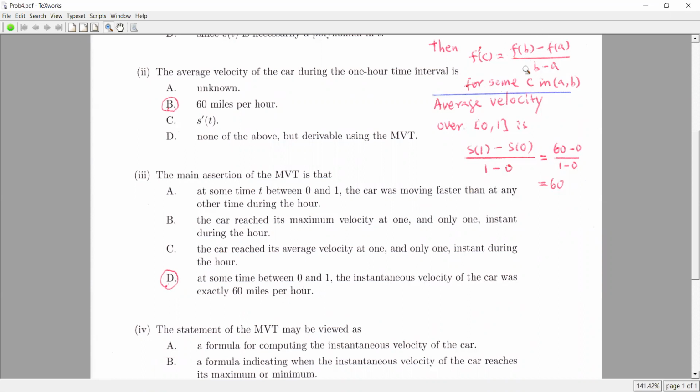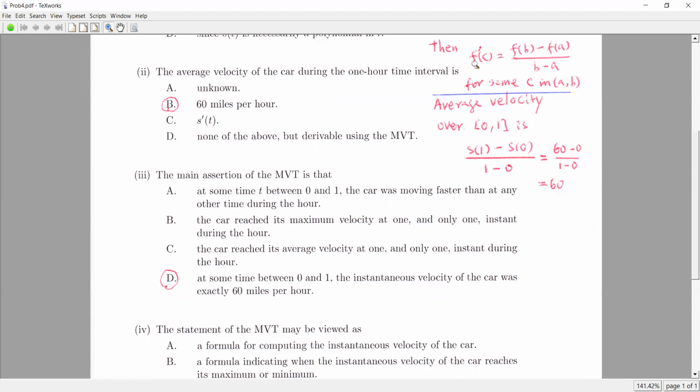Apply the mean value theorem to this problem, problem 4. Function f is the position function, and the interval AB is the time interval from 0 to 1. Then the right side of this equation is the average velocity over the time interval 0 to 1. The left side, derivative on the position function, is velocity.